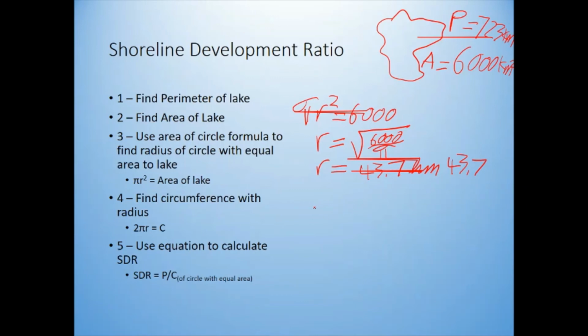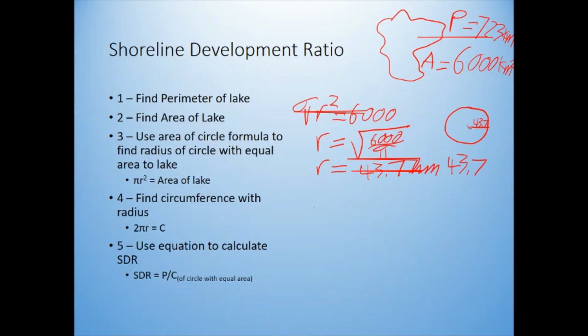Now we need to find the circle. What this is saying is, if you were to have a perfect circle of area 6,000 kilometers squared, the radius of that circle would be 43.7 kilometers.